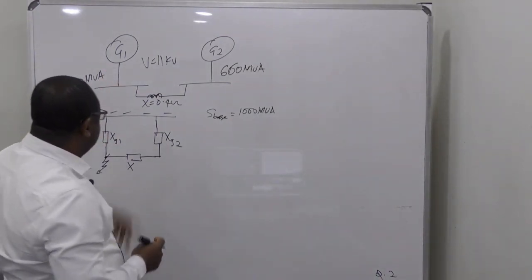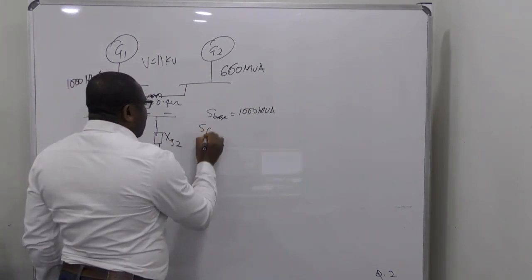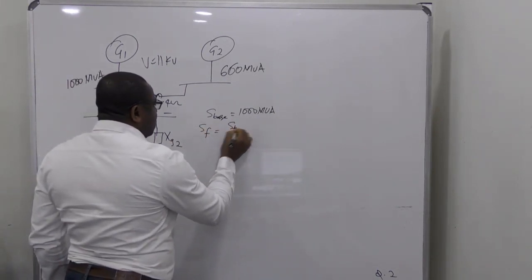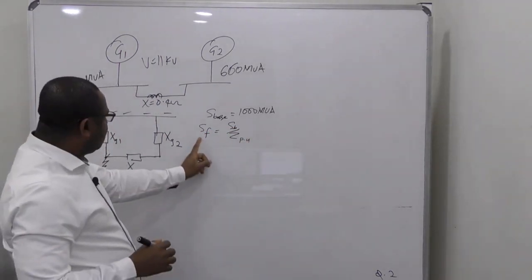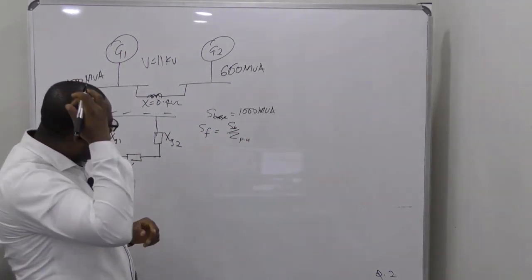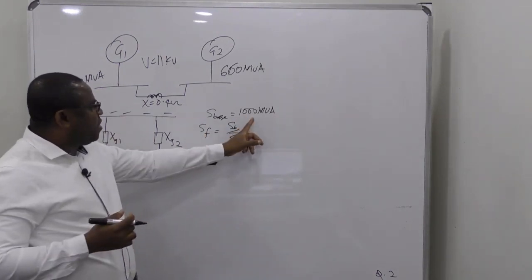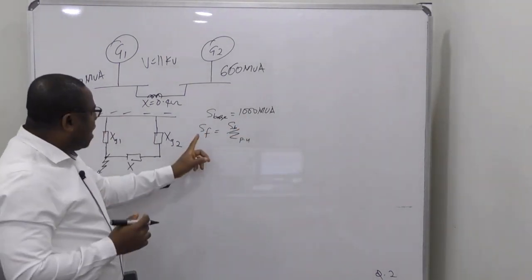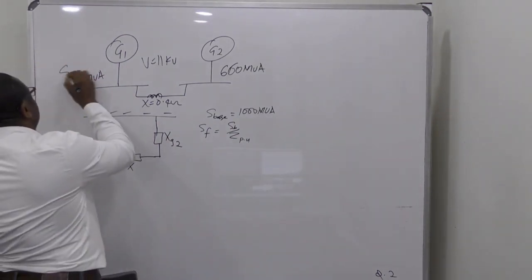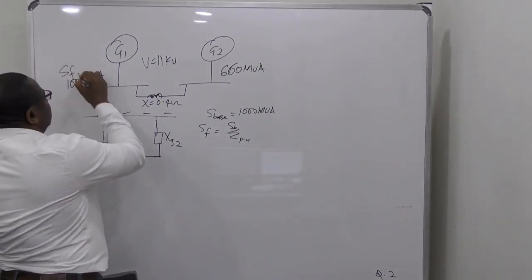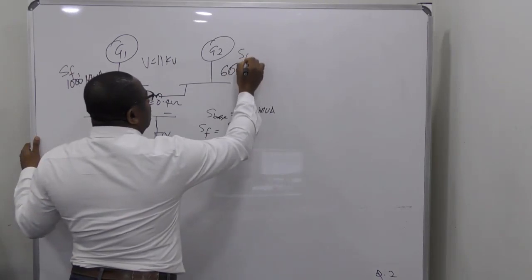If S base is this, we know that S fault is S base over Z in per unit. So I take S base to be 1000 MVA, and I have S fault as this, because remember, this is S fault 1, this is S fault 2.